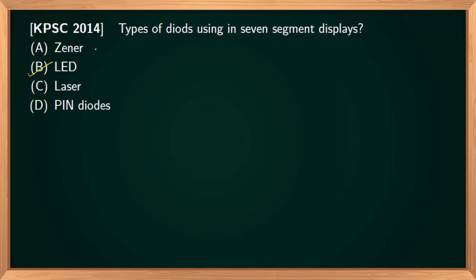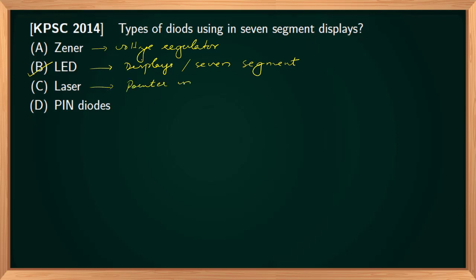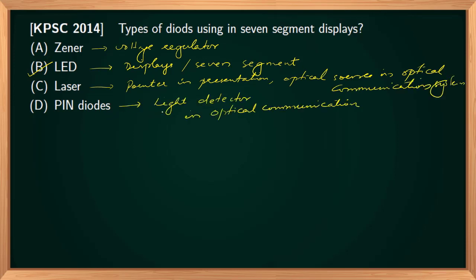Zener diodes have a primary application as voltage regulators, LEDs are used in displays and 7-segment displays. A laser diode is used as a pointer in presentations or as an optical source in optical communication systems. The primary application of a pin diode is as an optical detector in optical communication systems. So LED is used for displays and for 7-segment display.